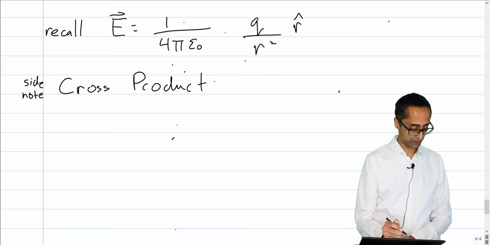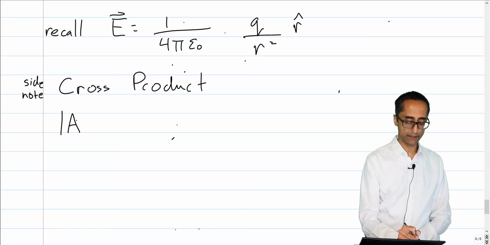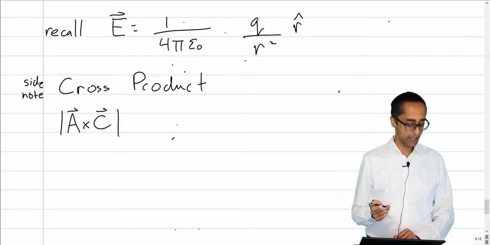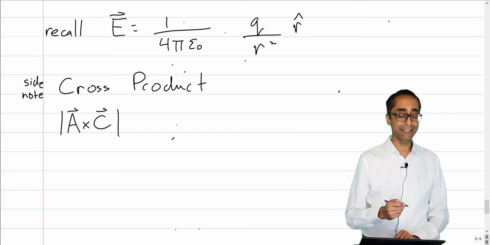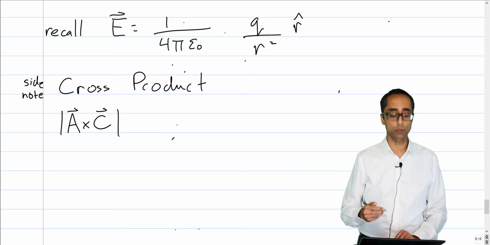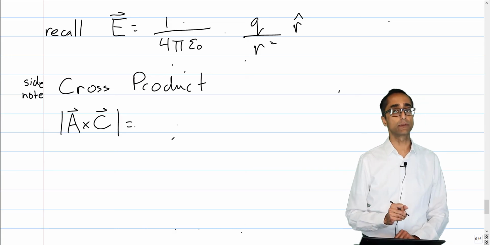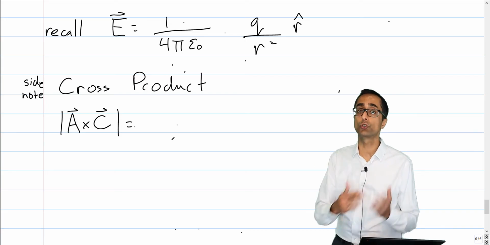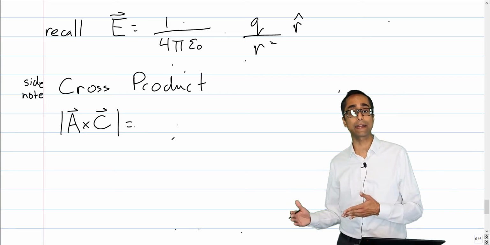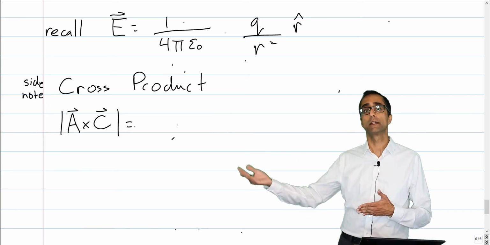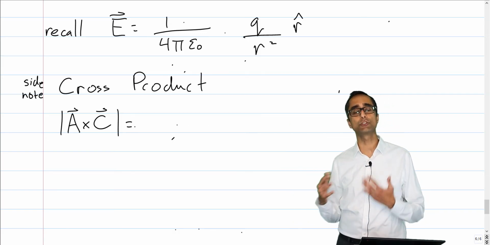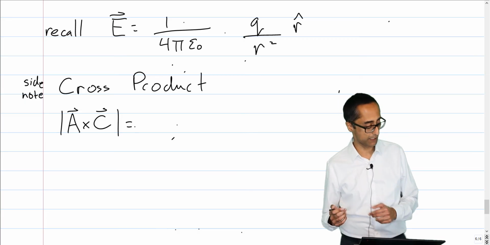But very, very quickly, if I had two vectors, let's say A vector and C vector, staying away from the letter B for magnetism, of course, and I wanted to calculate the magnitude of that cross product, not the direction right now, and it does have a direction. When we have a cross product, the answer is also a vector. That's different from dot product, but for cross product, you do have a vector, so a magnitude and a direction for your final answer.